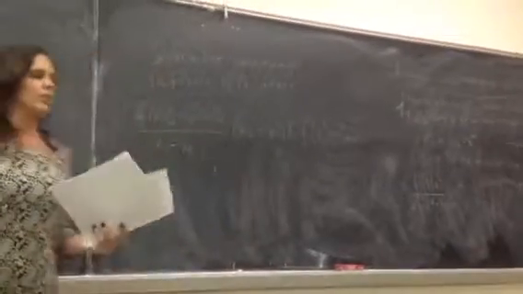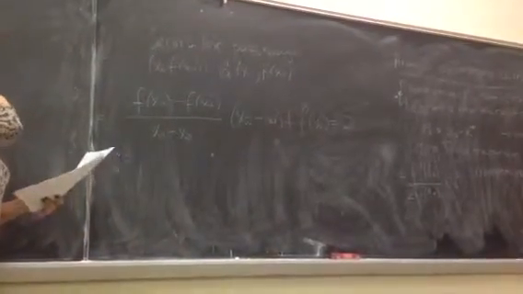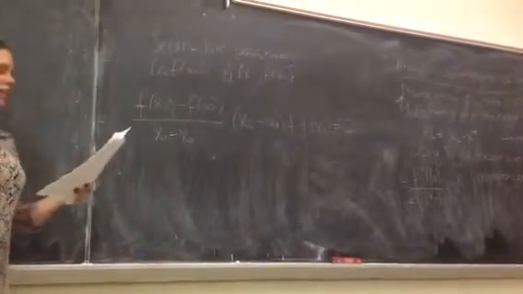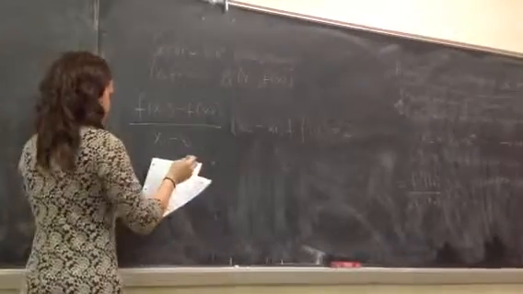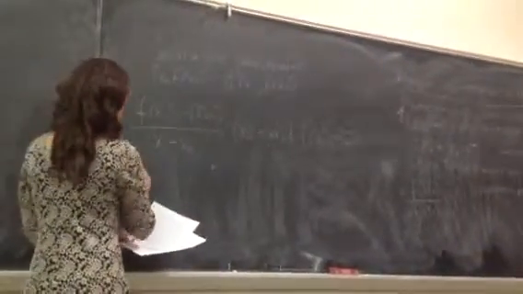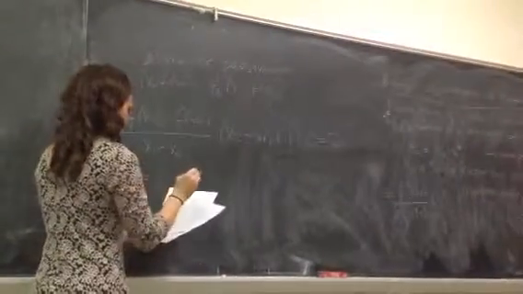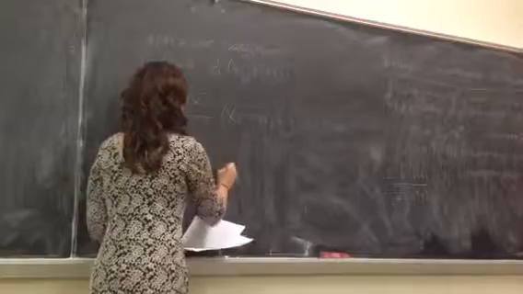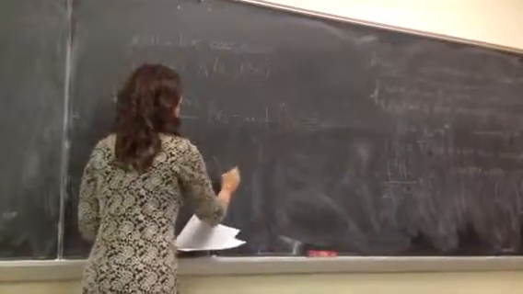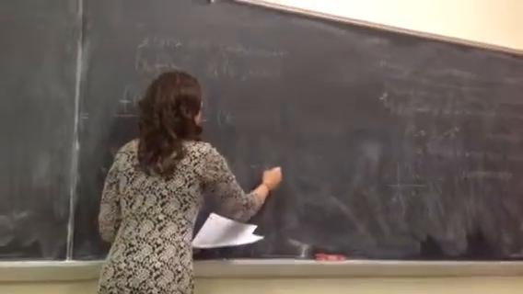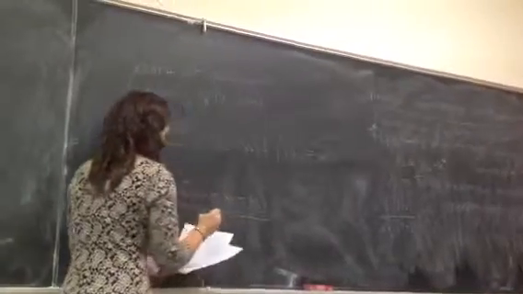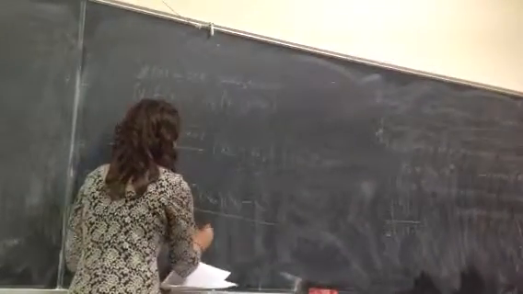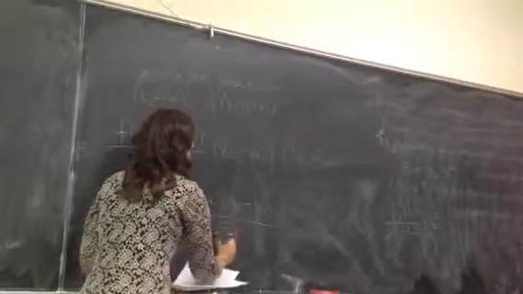If we solve this for x_2, we get the formula for our next iterate: x_2 equals x_1 minus f of x_1 times (x_1 minus x_0) all over (f of x_1 minus f of x_0).